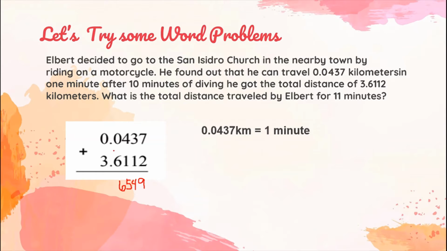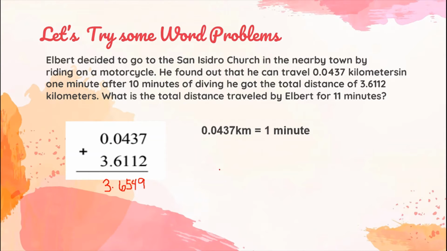Now, this time, we also need to put our decimal point aligned. Do not forget to put the decimal point, because if we do not put it, then our answer will be wrong. And lastly, add the whole numbers. 0 plus 3 is 3.